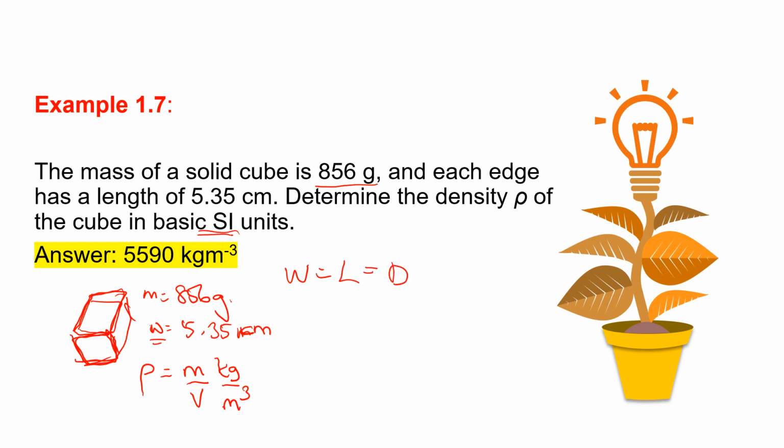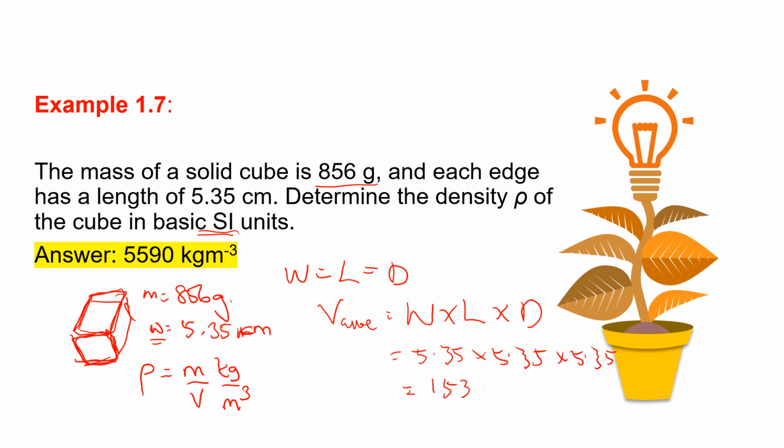For this cube, the volume is W times length times D. So 5.35 times 5.35 times 5.35. The answer is 153.13 cm cube.